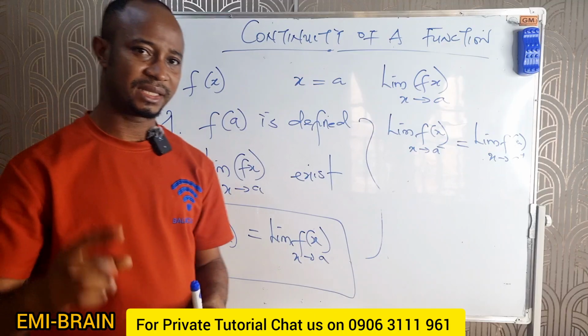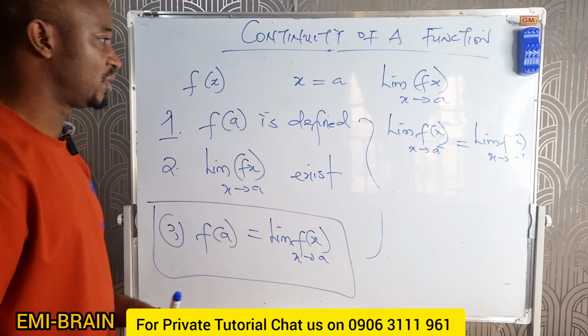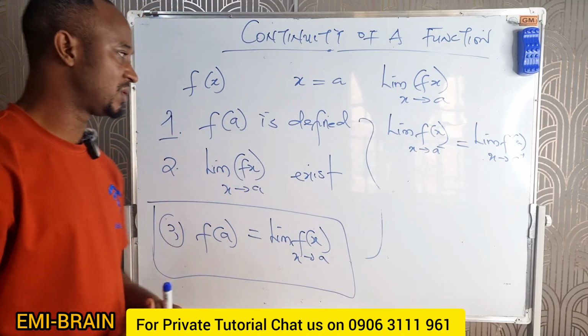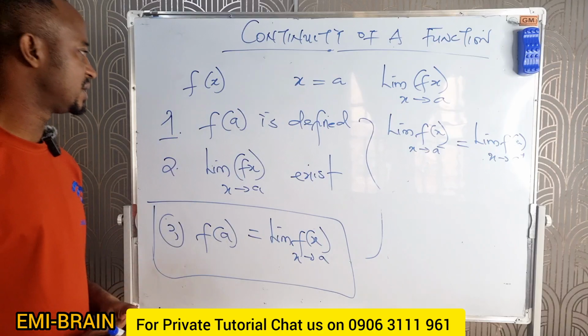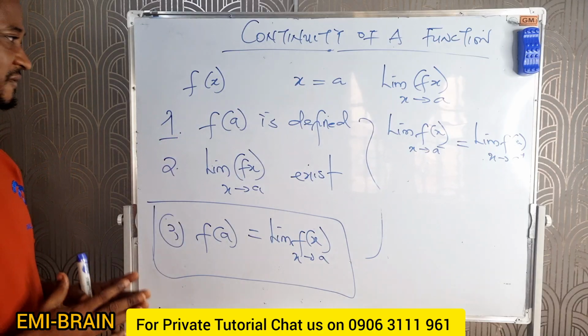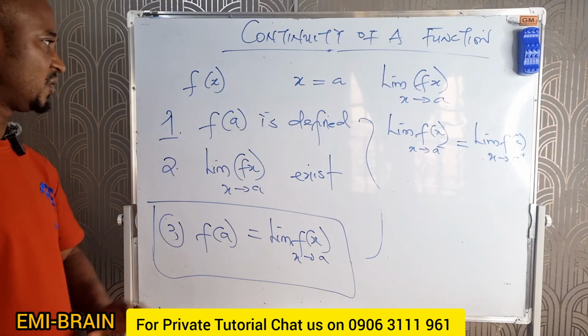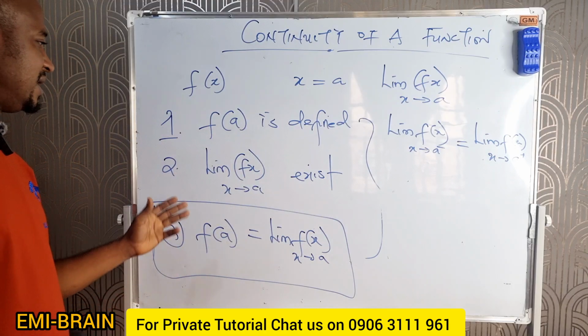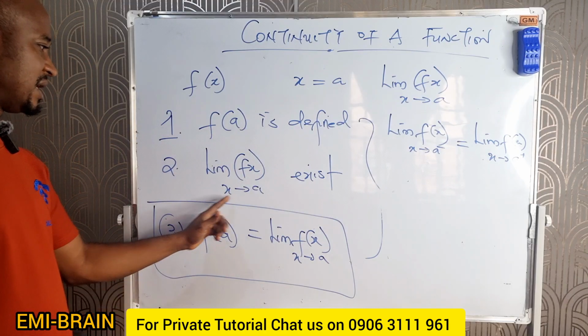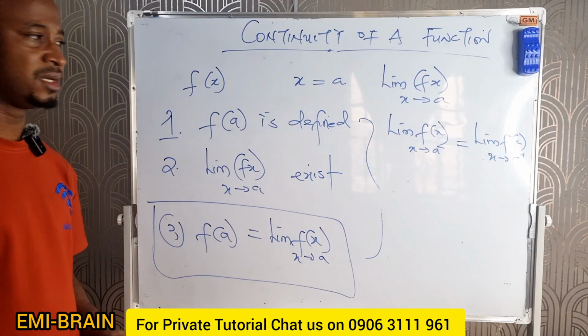So take note that there are 3 conditions for a function to be continuous at a particular point. The first condition is that f of a is defined. I've already explained what it means for f of a to be defined. Number 2 is the limit of f of x as x approaches a must exist. What does that mean?